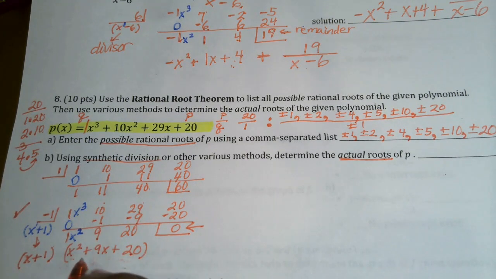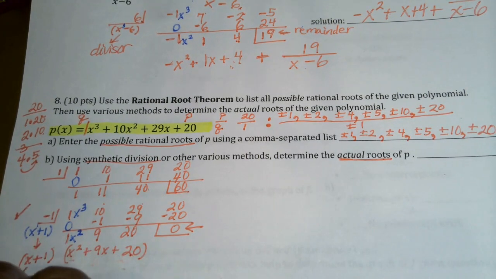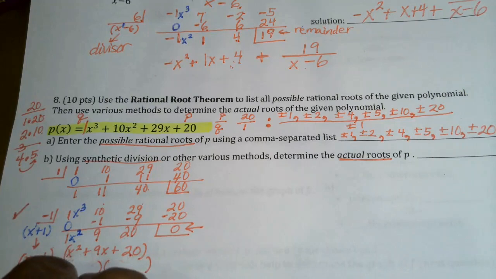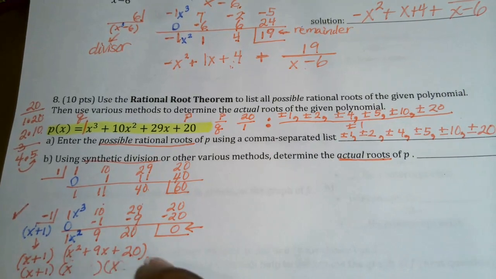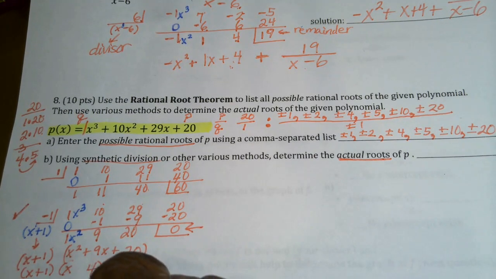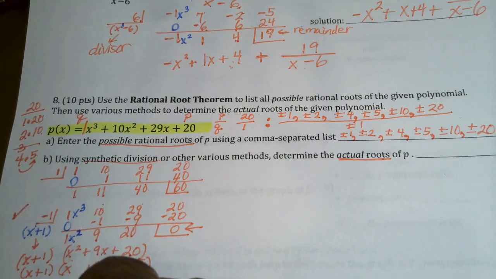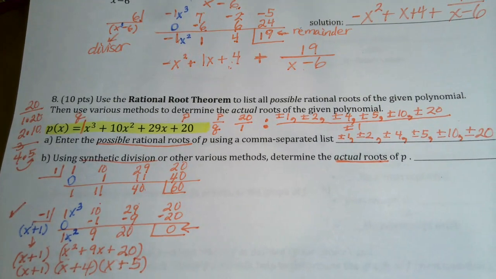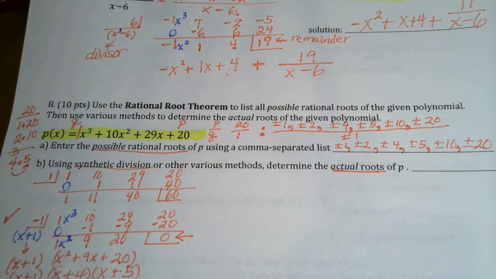So, factoring this trinomial into two binomials, x and x for x squared, 4 times 5 gives us 20, and 4 plus 5 adds up to 9. So we have factored p of x, and since we have all of the factors, then we know what the roots are.